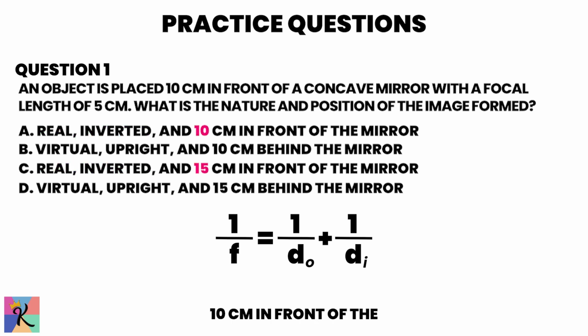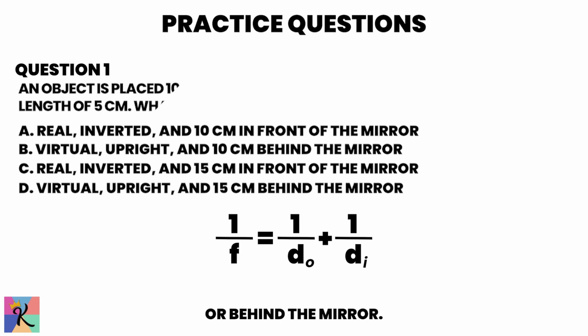What's different is the 10 centimeters in front of the mirror or the 15 centimeters in front of the mirror. And then same with B and D. Virtual and upright being the same, and then on the other side, 10 and 15 being different. What we first can solve for is the image distance, and then from there, given the sign of the image distance, we'll be able to know whether or not it's in front or behind the mirror.